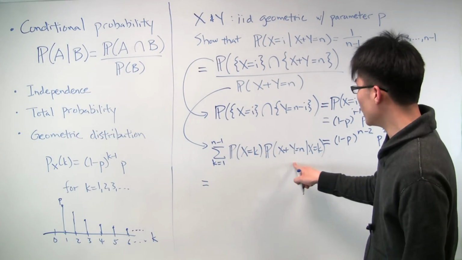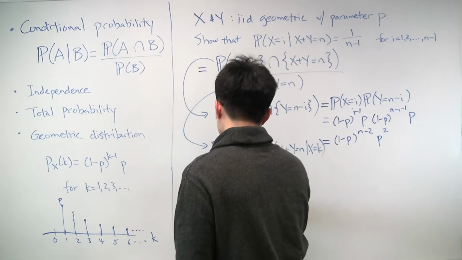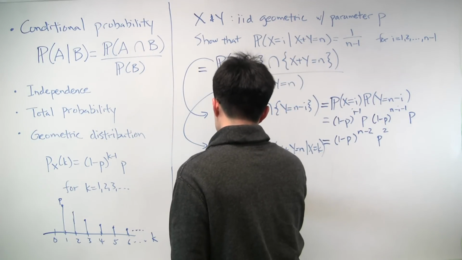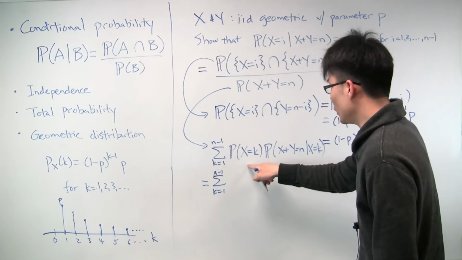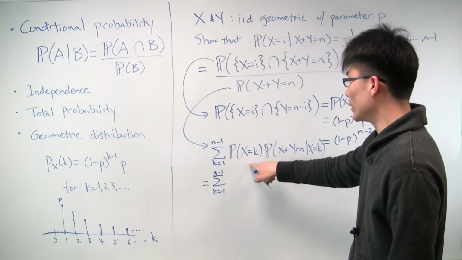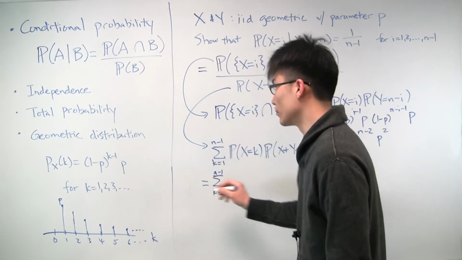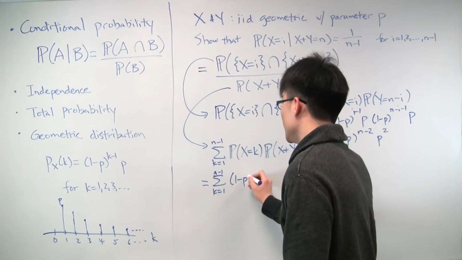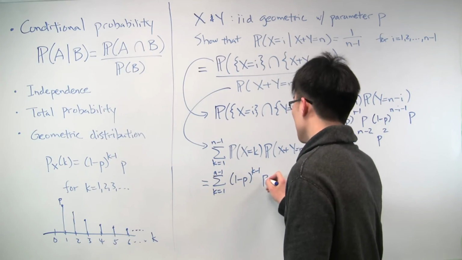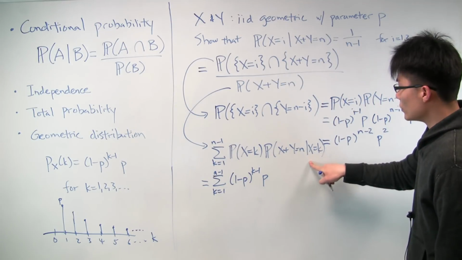All right. And now we can further simplify this. We know that the probability that x equals k is just a geometric, so it's 1 minus p to the k minus 1 times p. And then what do we do here?